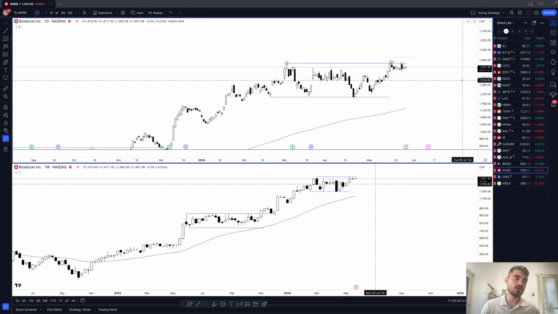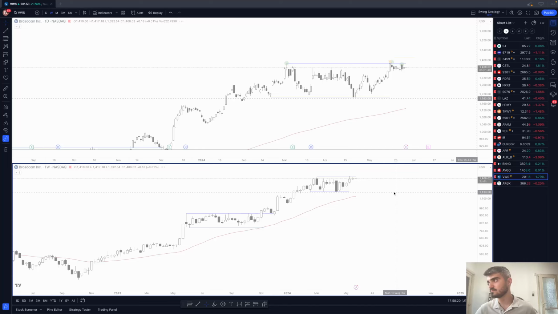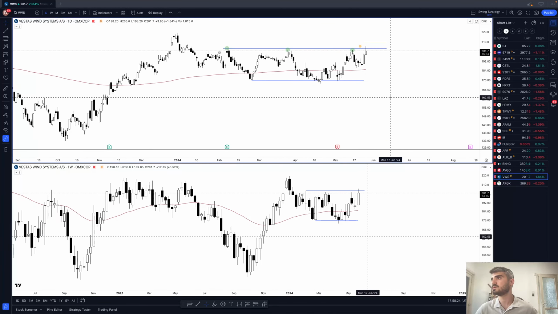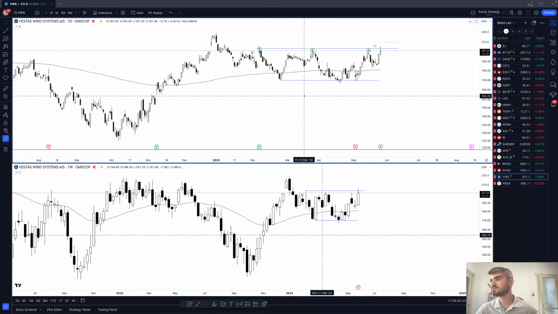But most importantly, they are signaling aggressiveness from the side of the buyers, which is something that I want to see. VWS, once again, we had a sweep here of these highs.